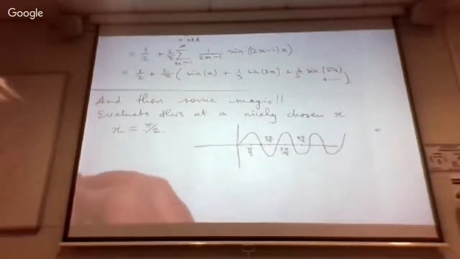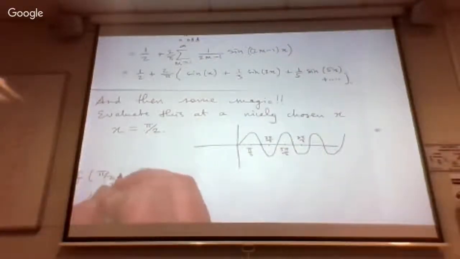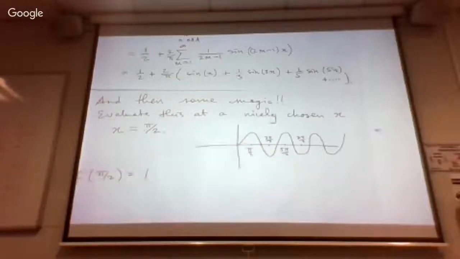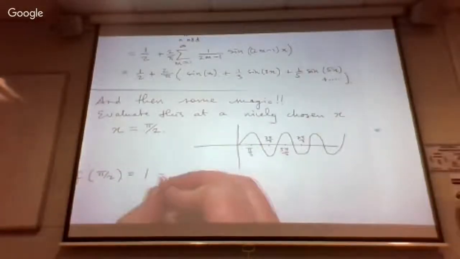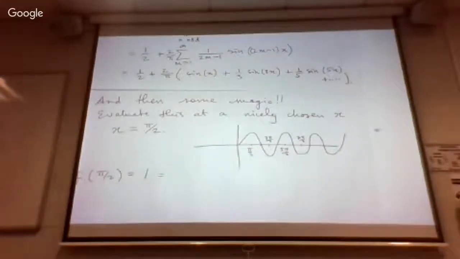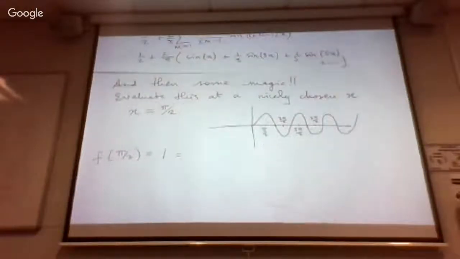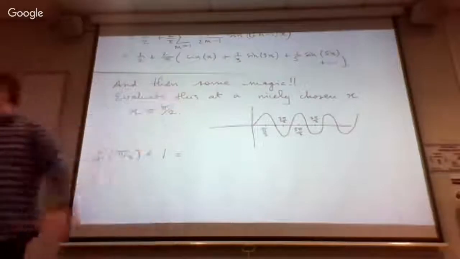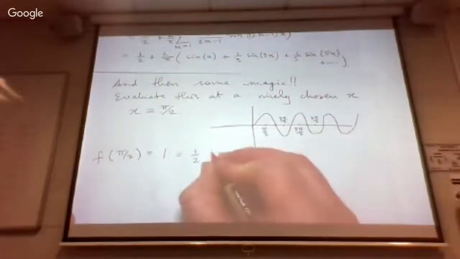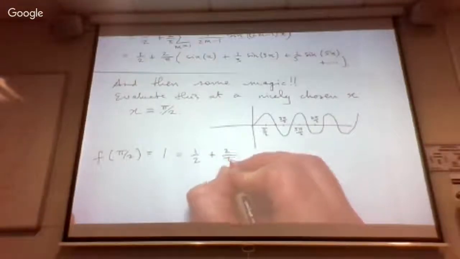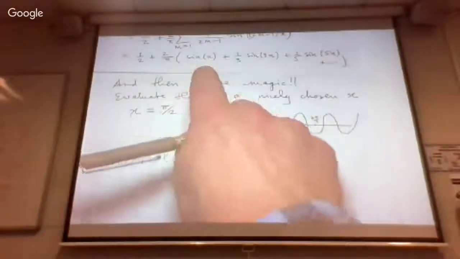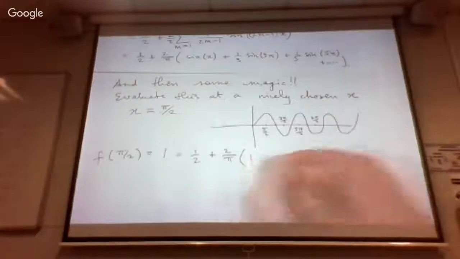Now what's f of pi over 2? f of pi over 2 is 1. That's the left-hand side of the Fourier series. Let's go to the right-hand side. You've got a constant half plus 2 over pi times, okay, sine of pi over 2 is +1.